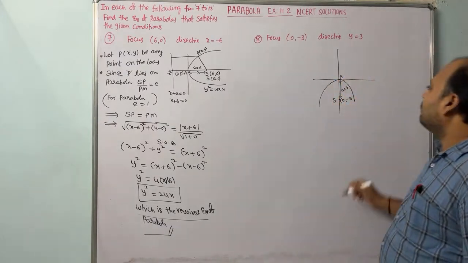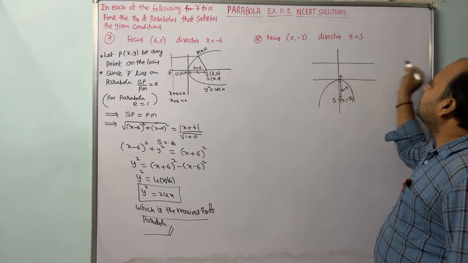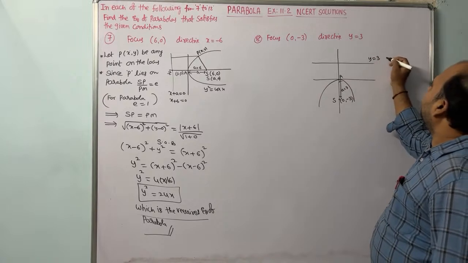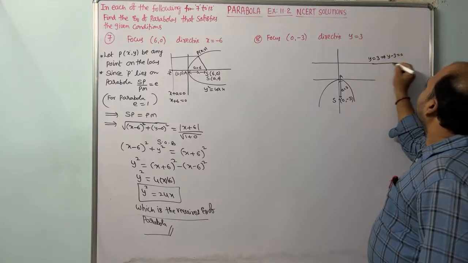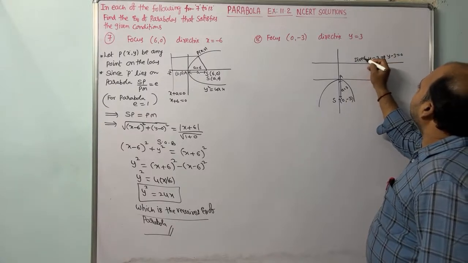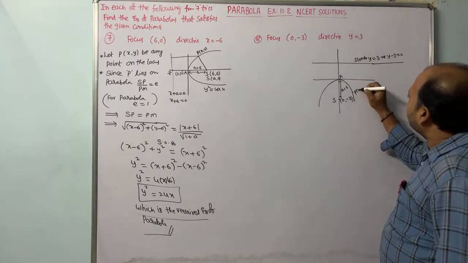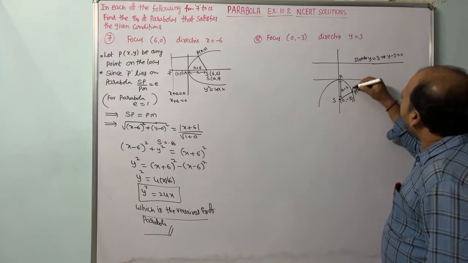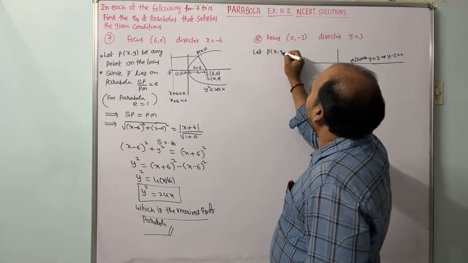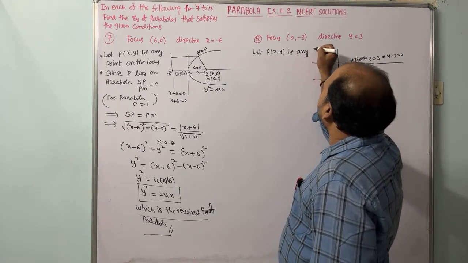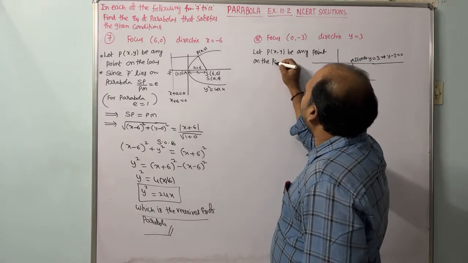But when it is direction, it is mentioned as -3 here. Obviously the directrix is y = 3, that means y − 3 = 0, the directrix equation. Here also let us consider one point P(x, y) on the parabola. By the definition of a parabola, let P(x, y) be any point on the parabola.